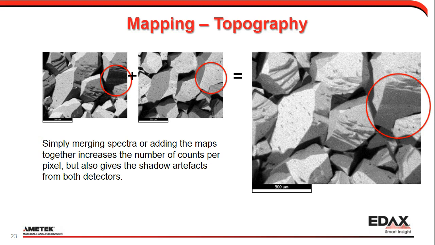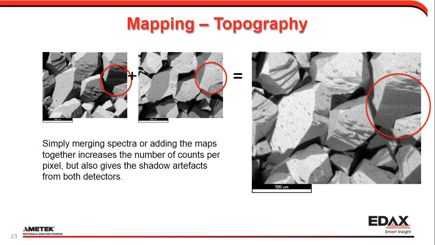But when I add those two values together, I get something that's in between, the dull gray we're showing on the far right in the merged or summed map here. So we're not really doing anything to get rid of topography just by merging or summing the maps.